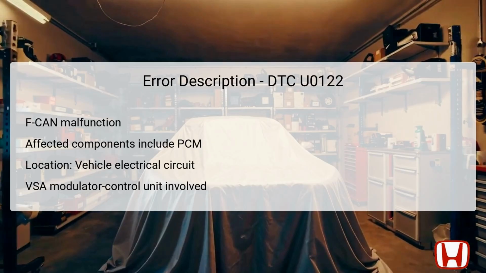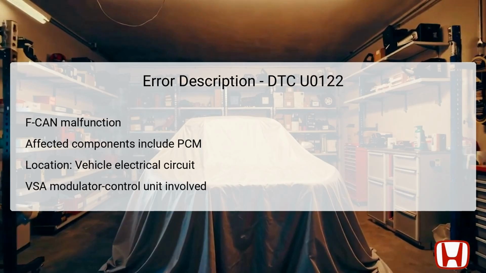The DTC U0122 indicates a malfunction within the FCAN, a communication network vital for relaying information between vehicle modules. The main components affected include the Powertrain Control Module, or PCM, and the Vehicle Stability Assist Modulator Control Unit.